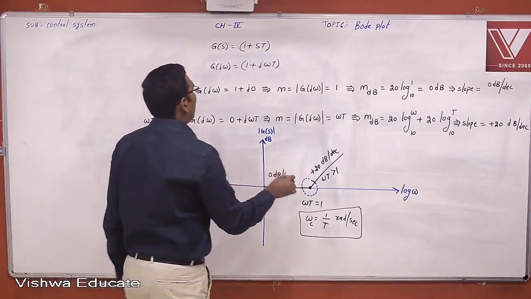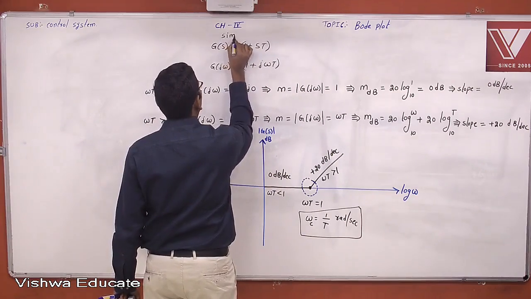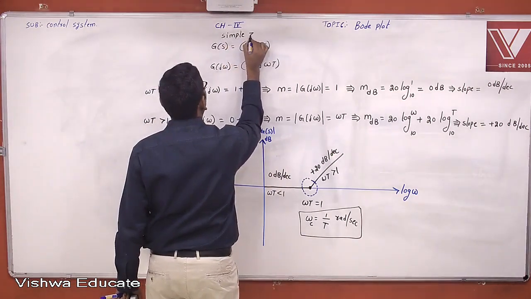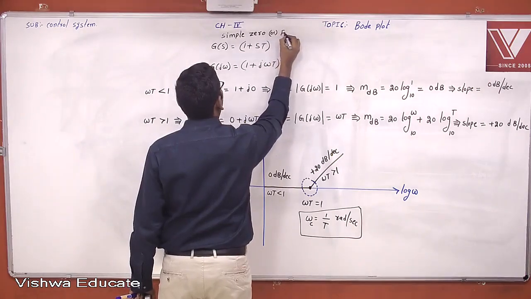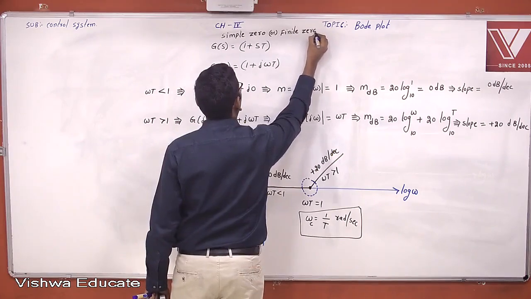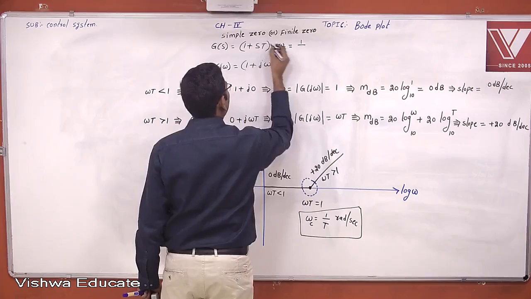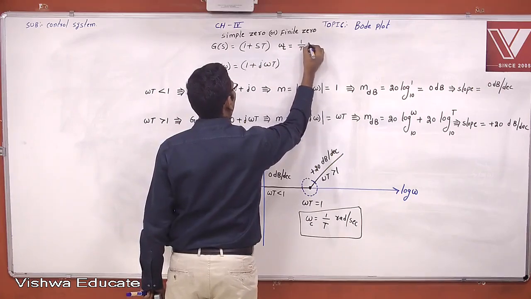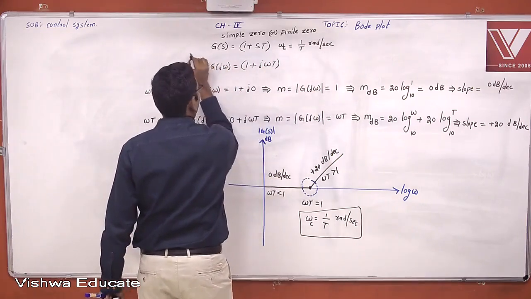If there is a corner frequency, this particular zero is called a simple zero, or also called a finite zero. The word simple, the word finite, means that it has some corner frequency. In 1 plus sT form, corner frequency and time constant are always inversely proportional. You know that. Okay.